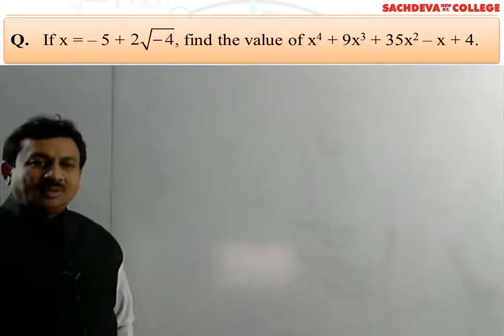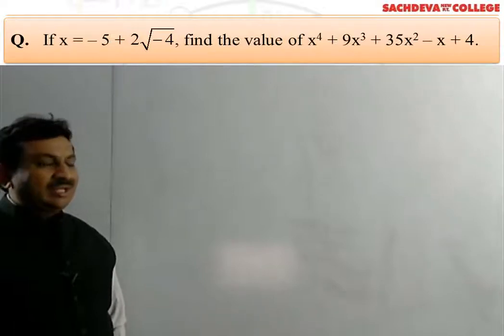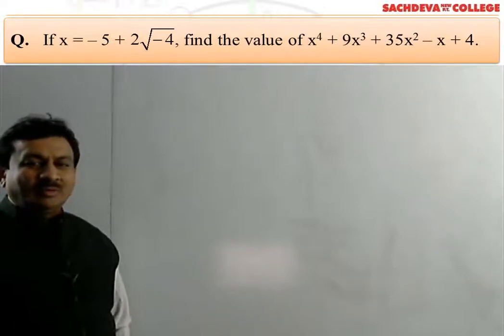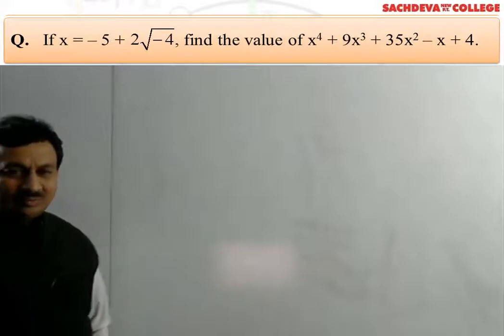Next problem. If x = −5 + 2√(−4), find the value of x⁴ + 9x³ + 35x² − x + 4.